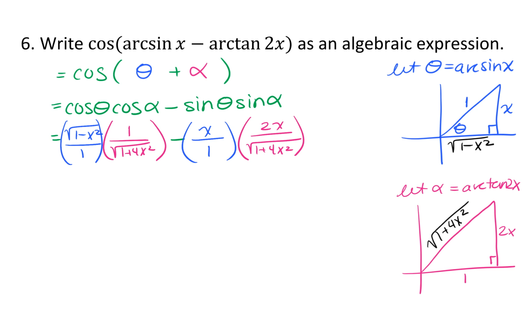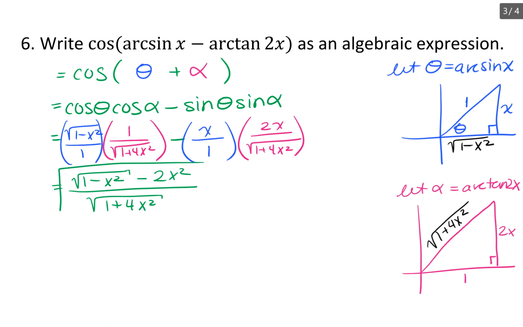All right, so we have all of those in there, which then gives us the square root of 1 minus x squared minus 2x squared all over the square root of 1 plus 4x squared. And I don't believe that the book rationalizes, so we'll just leave it just like that. And there we have it.